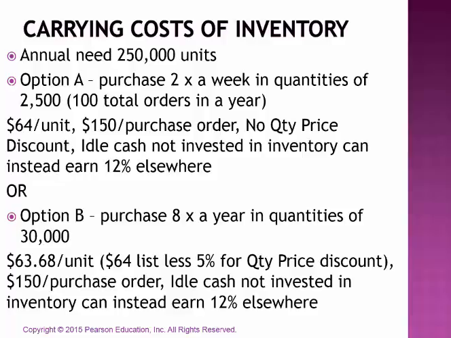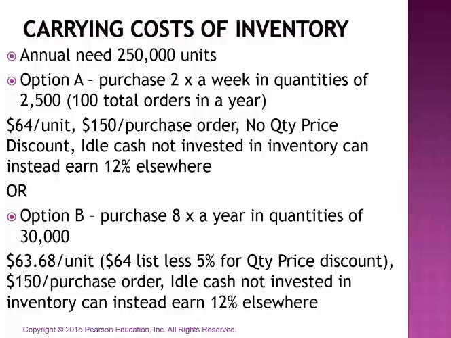If we purchase 8 times a year, we will be able to get a 5% discount off of that list price of $64. You can take the $64 and multiply it times 0.95 and get $60.80. Or you can take the 64 and multiply it times 0.05 and get the $3.20 and subtract that from 64 to get $60.80. Whichever way floats your boat.